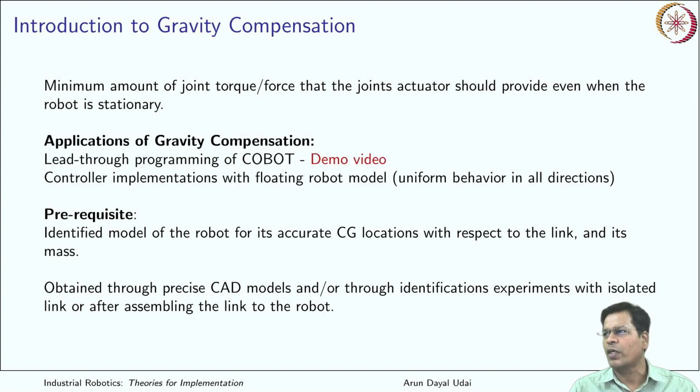As for applications, in modern robotics you see cobots, collaborative robots that work in close collaboration with humans, and they sometimes don't even have joint brakes to hold the robot in case it fails.